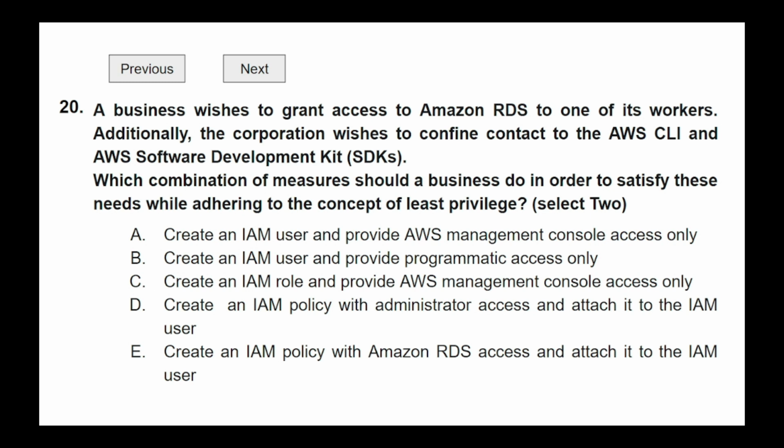Option C, create an IAM role and provide AWS Management Console access only. Option D, create an IAM policy with administrator access and attach it to the IAM user. Option E, create an IAM policy with Amazon RDS access and attach it to the IAM user. So this one we go with option B and option E. You create an IAM user and provide programmatic access only, and in option E, we create an IAM policy with Amazon RDS access and attach it to the IAM user.